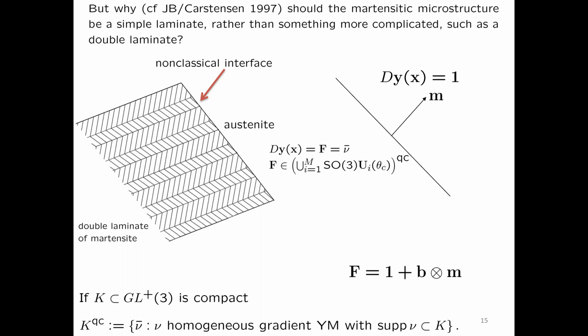And so F, of course, would have to be the identity plus b tensor n in order to match onto the austenite. And if you wanted to do that with Young measures, then you would have nu sub x as a Dirac mass of the identity over here. And here it would be a nu which is supported in the energy wells.